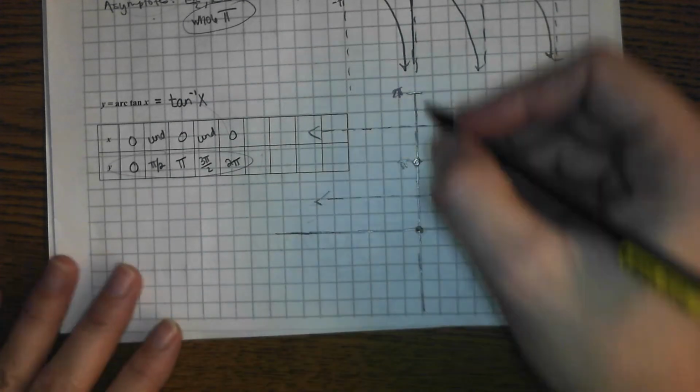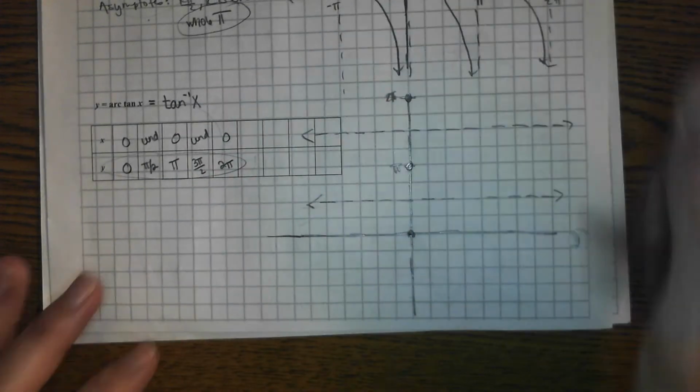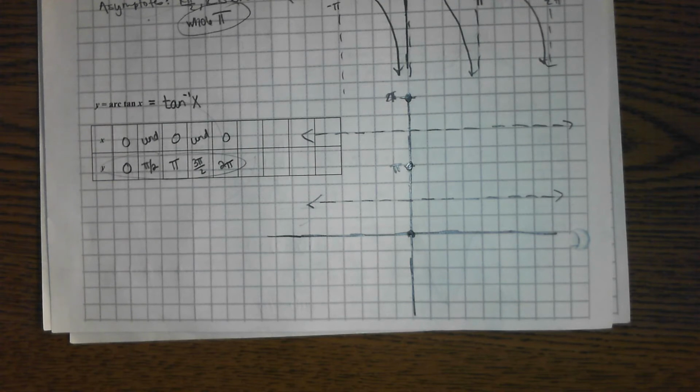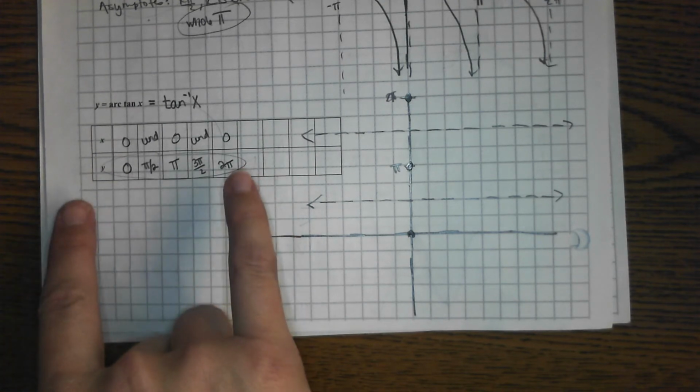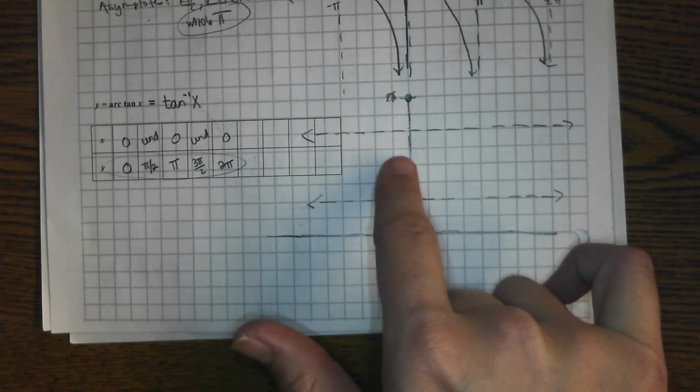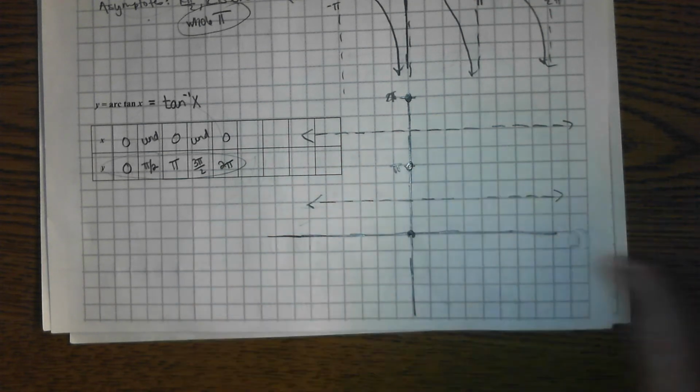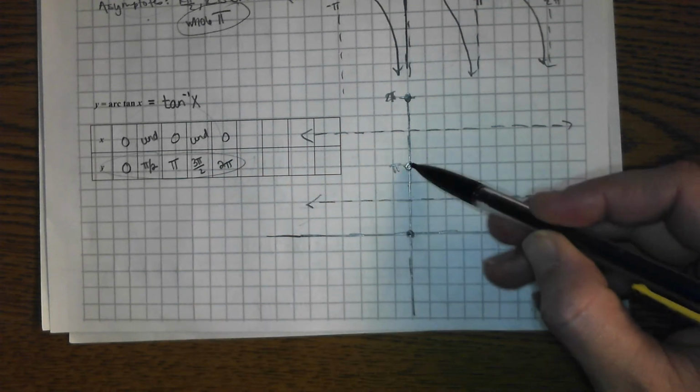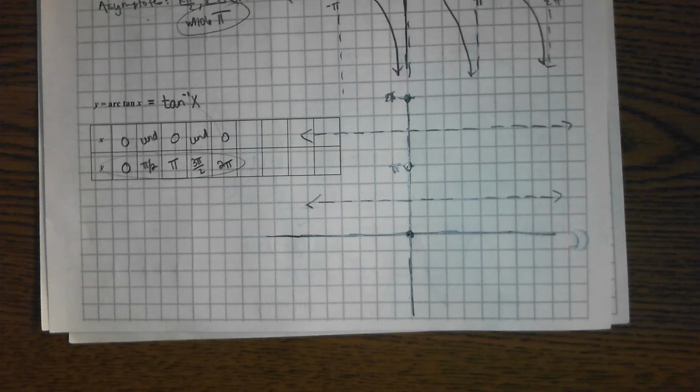And I'm going to have another point at 0, 2 pi. This is why we're going to need more exploring, because we're not seeing what happens elsewhere. We only have 1, 2, 3, 4, 5 y values, and it just keeps bouncing back and forth between 0 and undefined, 0 and undefined.